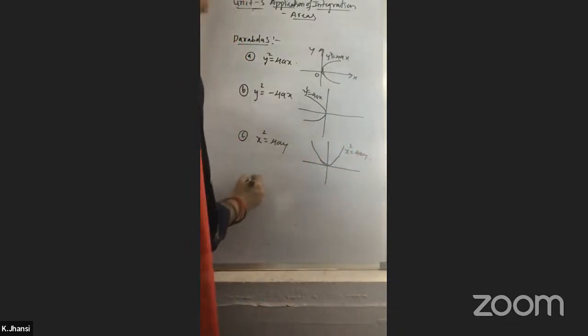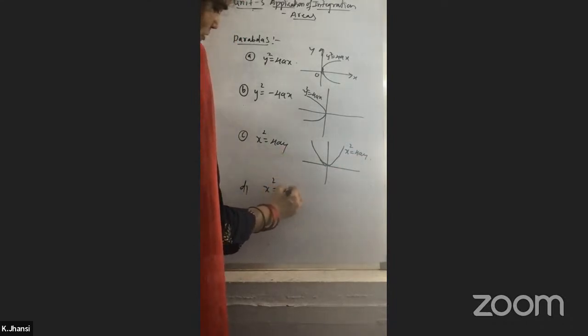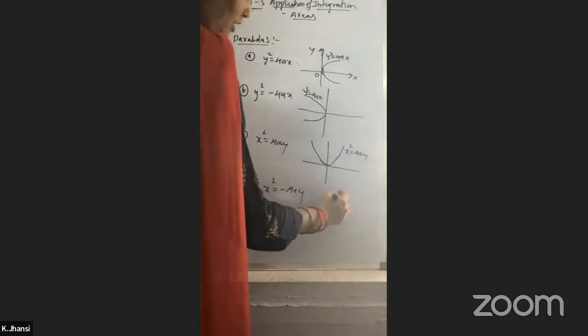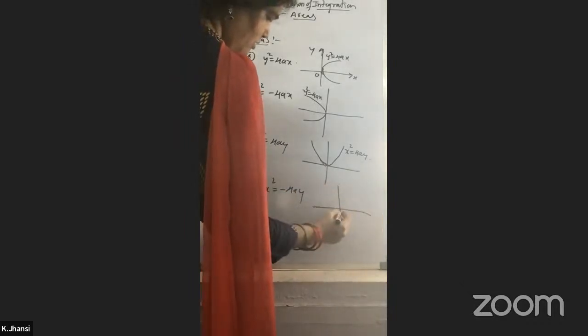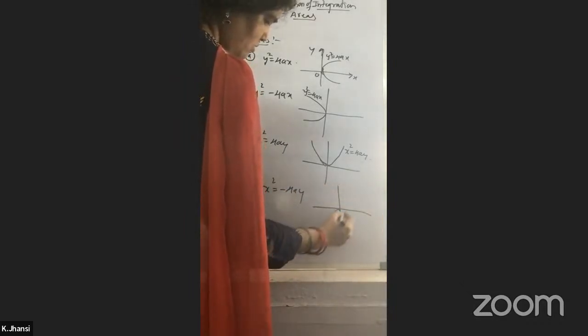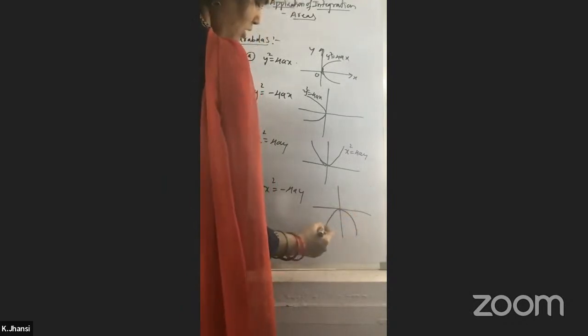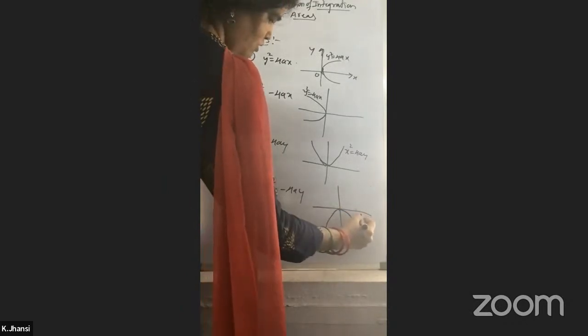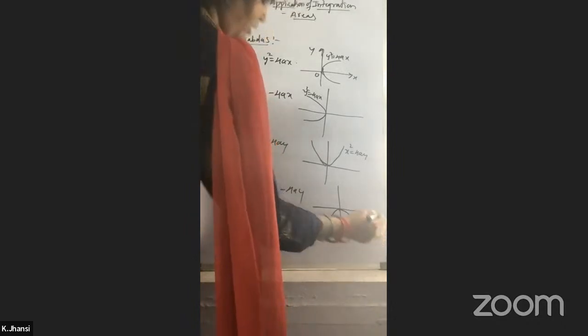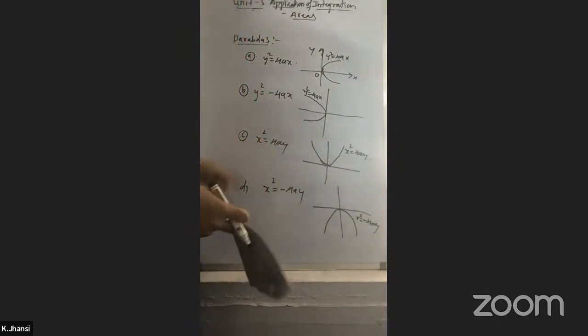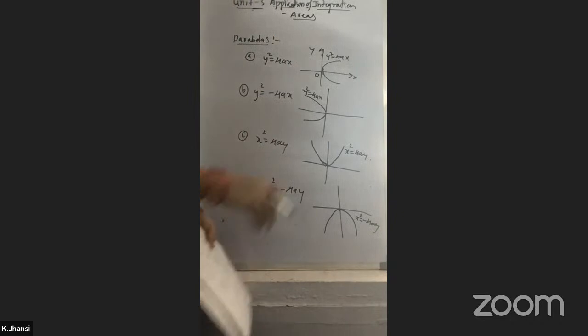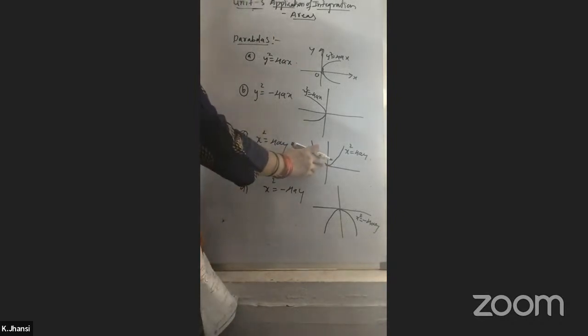And if you have the minus, x square equals minus 4ay, and this will be downward. This is x square equals minus 4ay. So these 4 are important, and you may get a problem on any one of them.